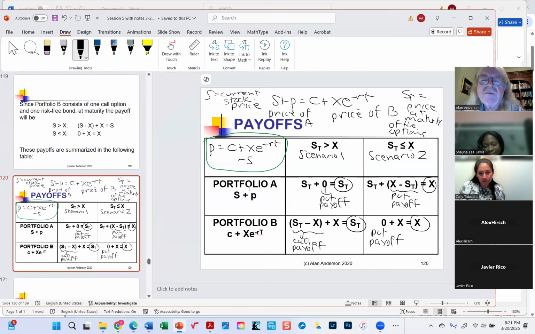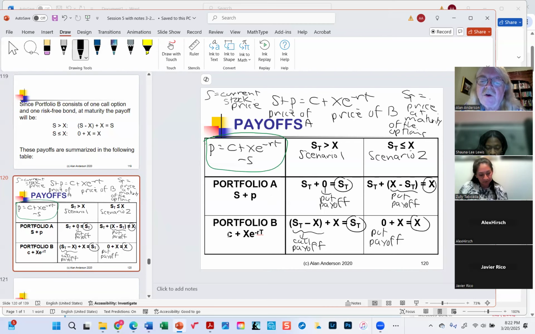So in the first scenario, if you notice how this portfolio has the stock, whose value will simply be S_T. It's very simple. The put, on the other hand, has a value of 0 because it finishes out of the money. So that means portfolio A in that scenario is worth S_T dollars. Okay, now, what about portfolio B?